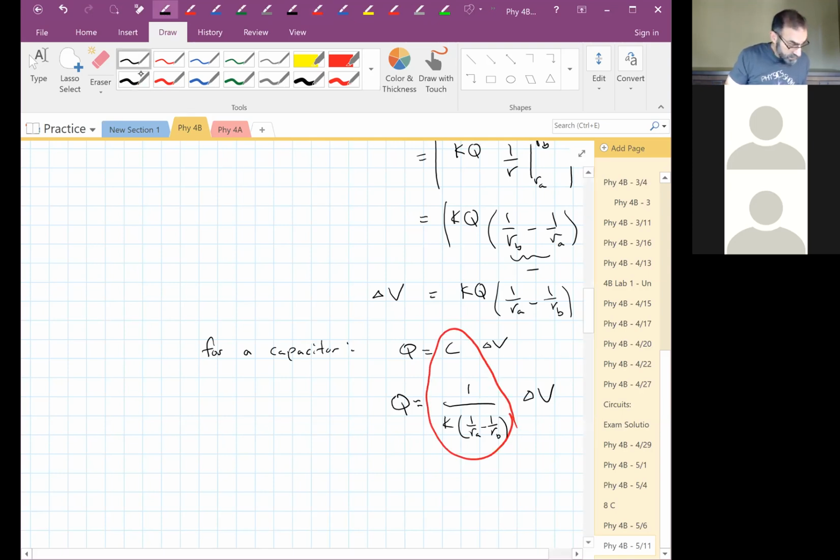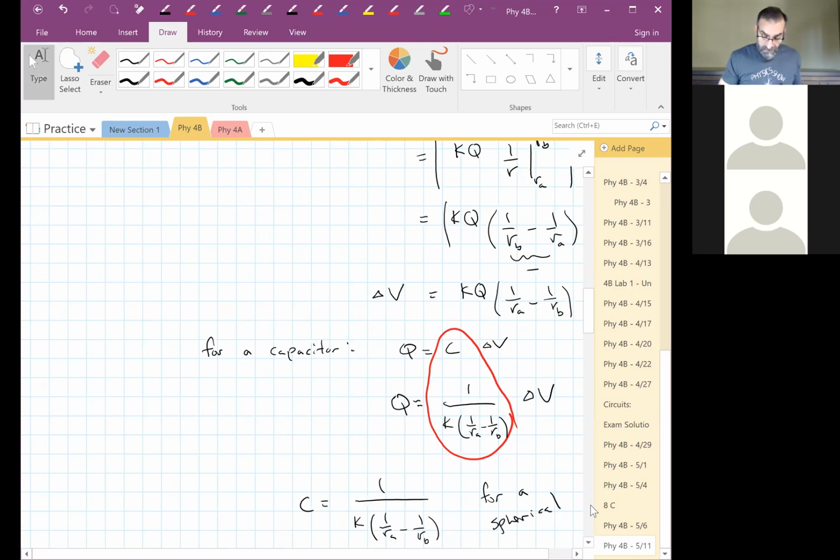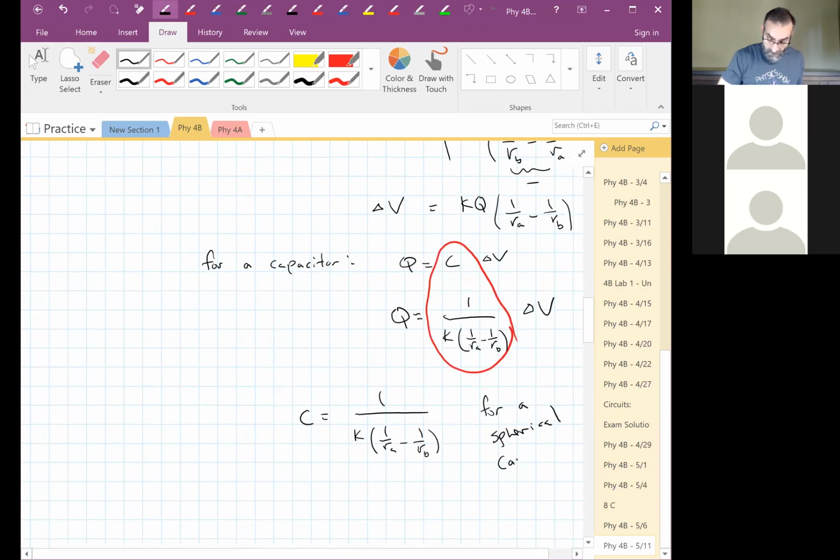My capacitance. C must equal 1 over K times 1 over RA minus 1 over RB. What does it depend on? The size, right? The shape of the capacitor, and that's it.